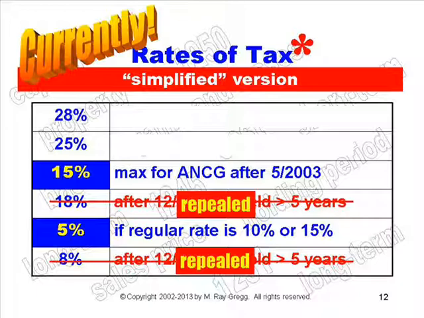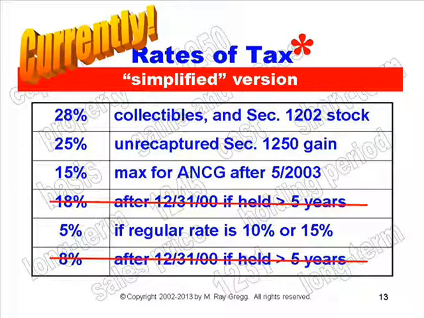Those rates were higher than the regular rates would be under current law. Then we had to consider the other two exceptions that we had. The 28% and the 25% rates for collectibles and unrecaptured Section 1250 gains were untouched. Those two provisions remained intact in the law change in 2003.